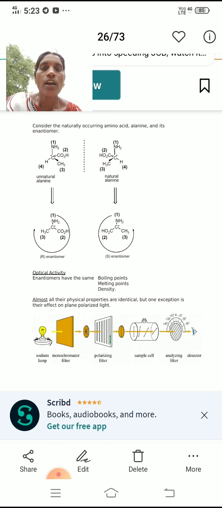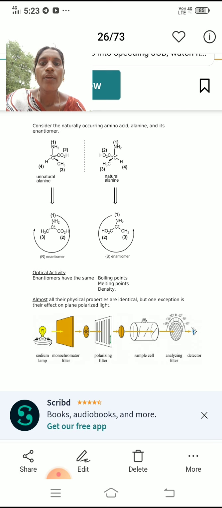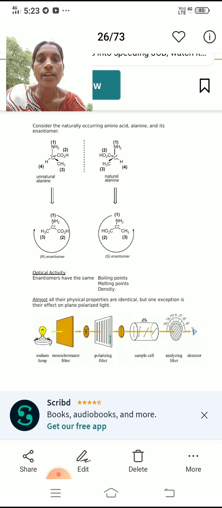Out of these four groups, the amine group has the highest priority, then the carboxylic acid group is second, then the methyl group is third.